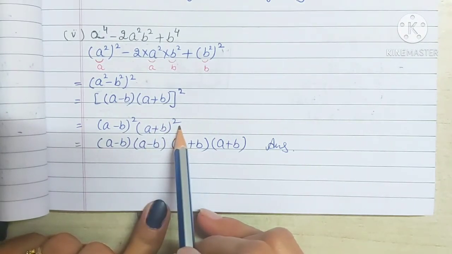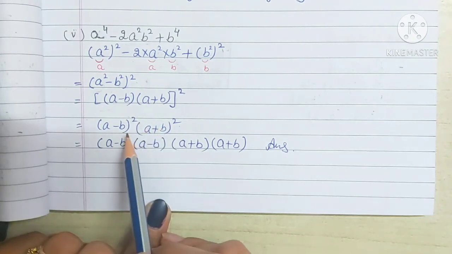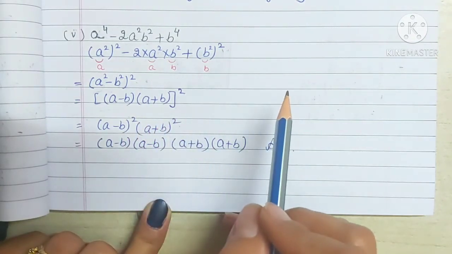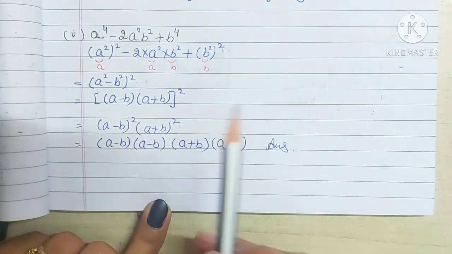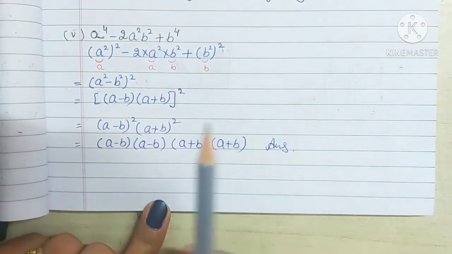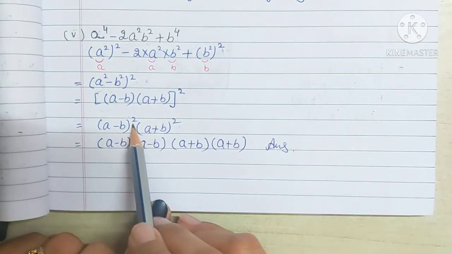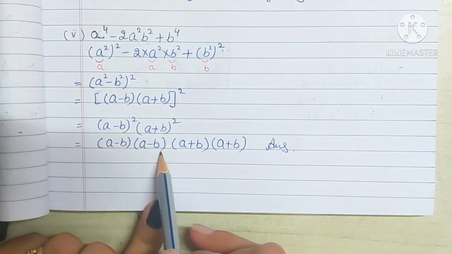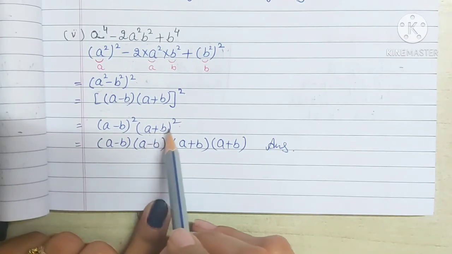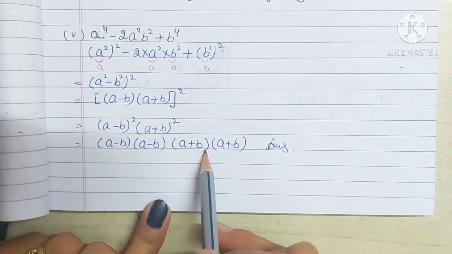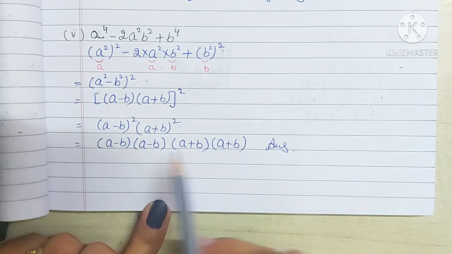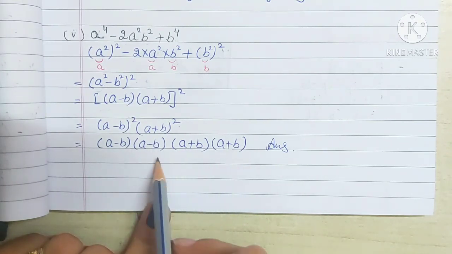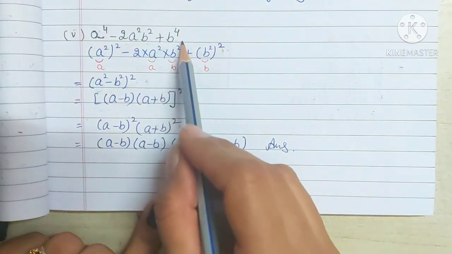Now how will I write it? As we can write x square is equal to x multiply x, y square we can write as y multiply y. So how can I write (a minus b) square? I can write it as (a minus b) multiply (a minus b). Similarly, I can write (a plus b) square as (a plus b) multiply (a plus b). So these four are the factors of the given expression.